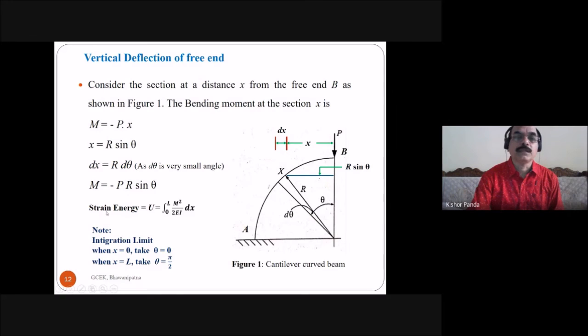Then you know the strain energy formula: U is equal to integration from 0 to L of M square by 2EI into dx. But you know what integration limit you have to take here.